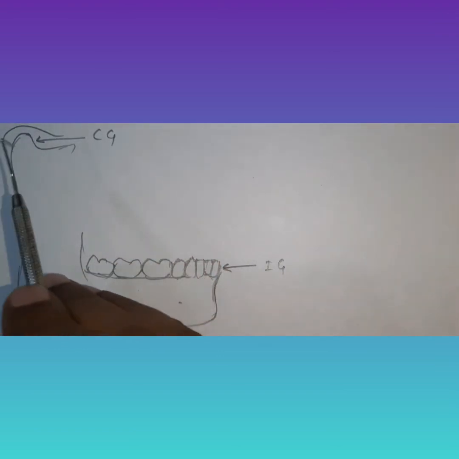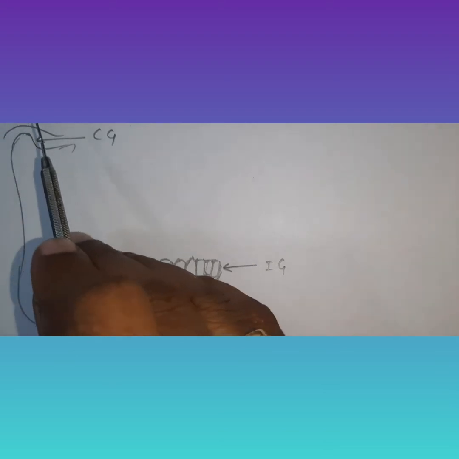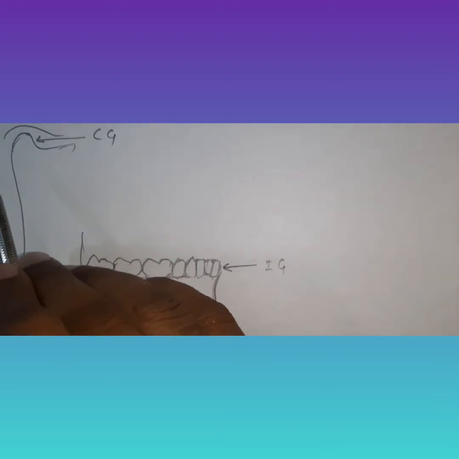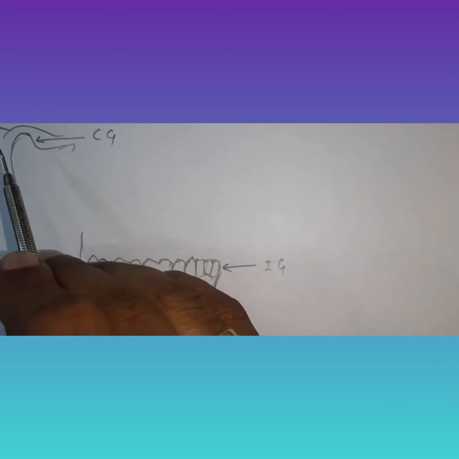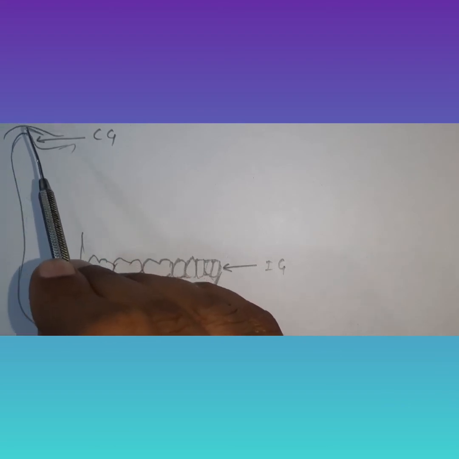This is the entire thing in a joint capsule. This is the intra-articular disc over this, and this is the slope of the articular eminence.